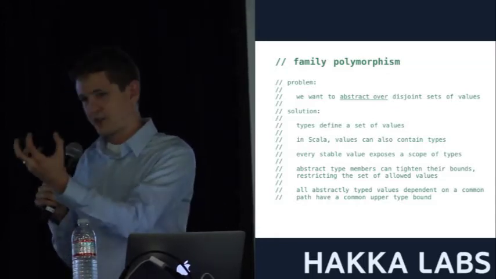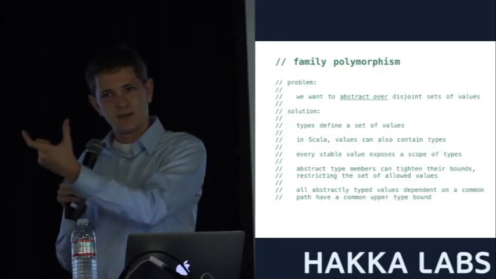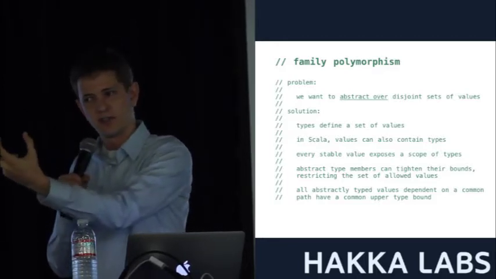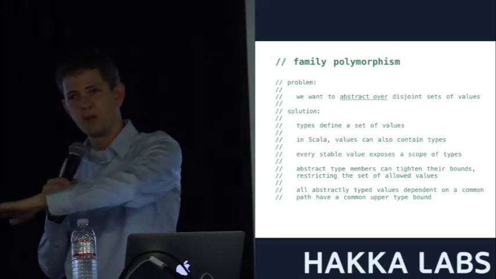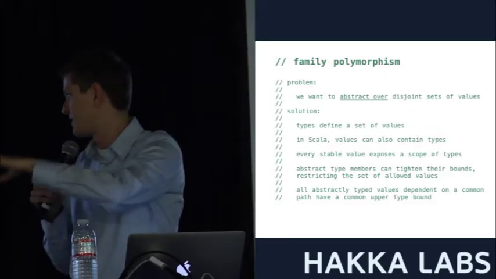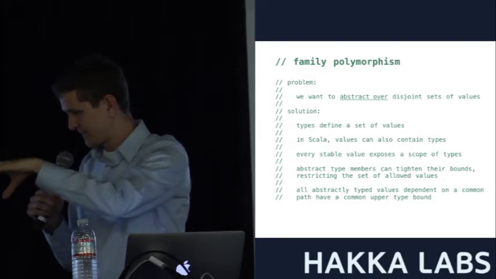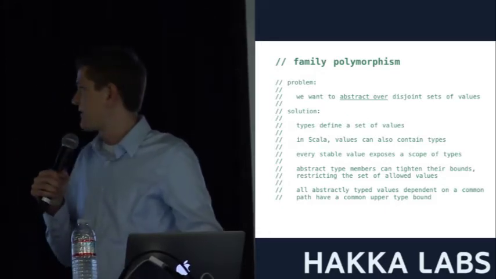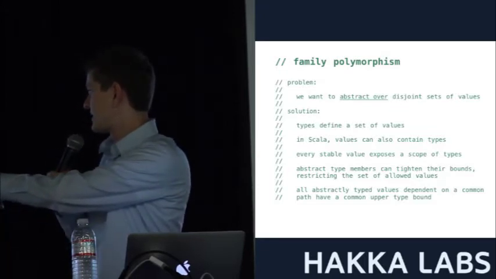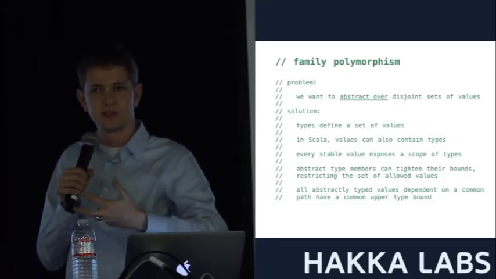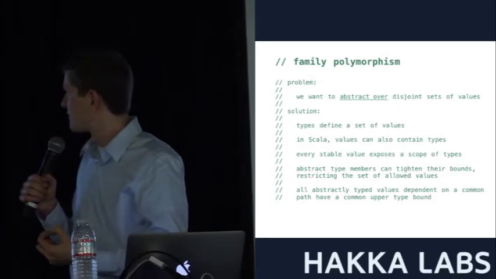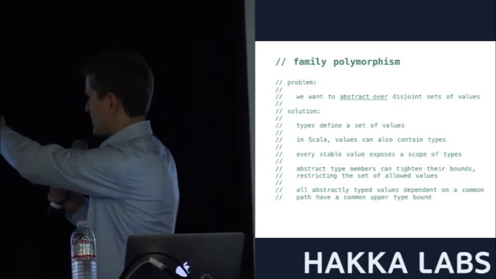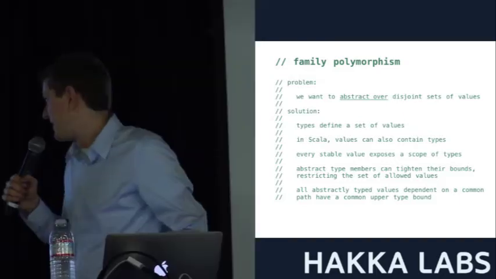And that scope of types can contain abstract types, where when you implement those abstract types, you can tighten the upper bounds and the lower bounds of the types to which they actually refer. And this effectively reduces the set of values that scope is going to work with, handling part of what we want to do there, which is work with disjoint sets of values.